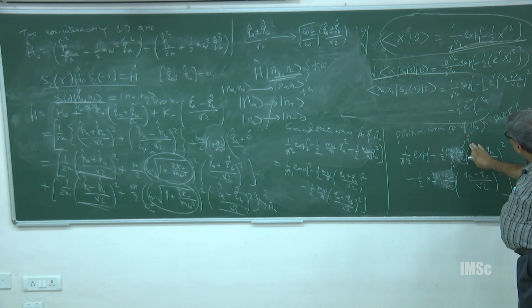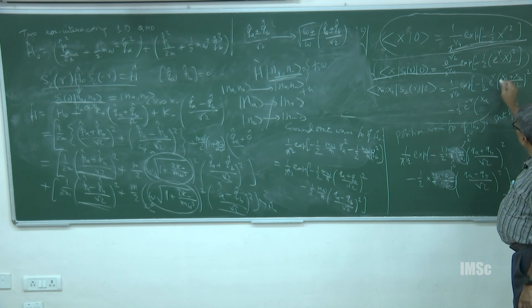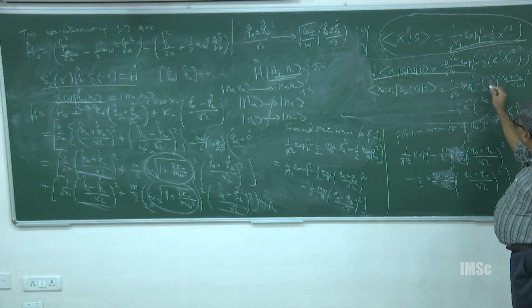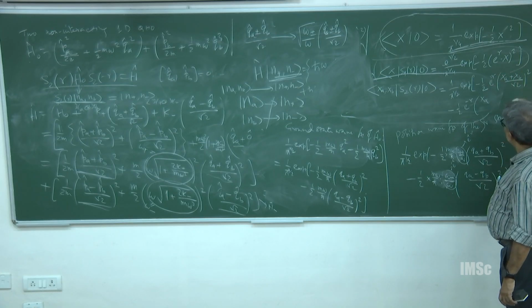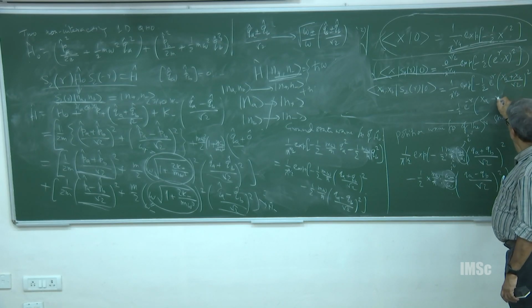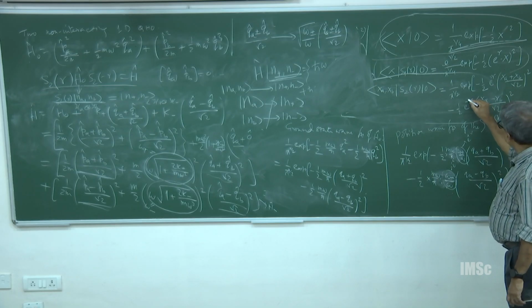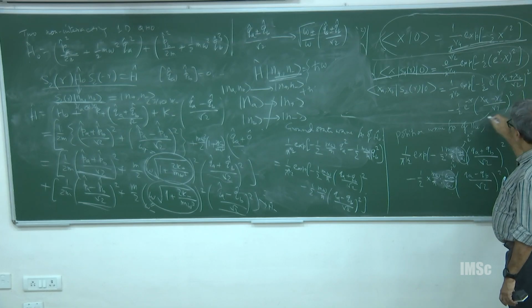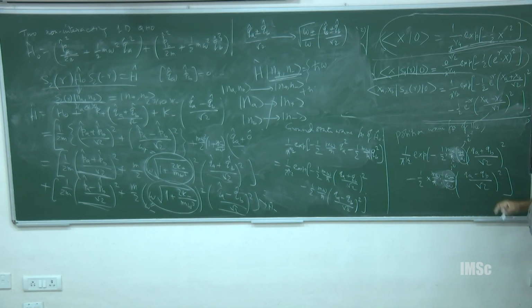I may be wrong, maybe it is e to the power plus 2r or minus 2r, but either it is 2r or r, one should calculate properly. So this can be 2 here also, I think it is 2 here, 2 here, anyway you can figure out, okay.